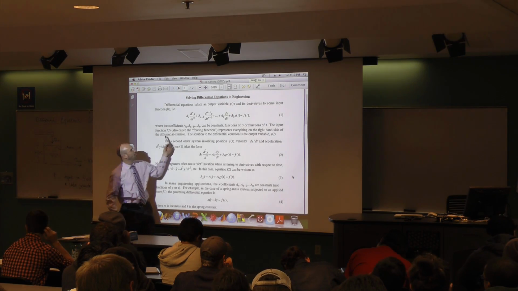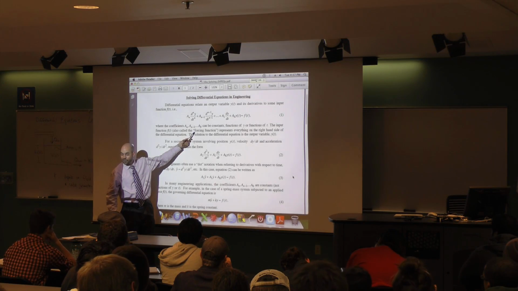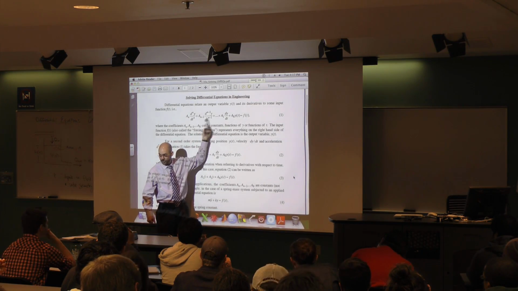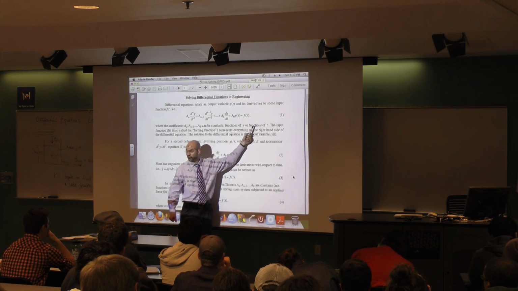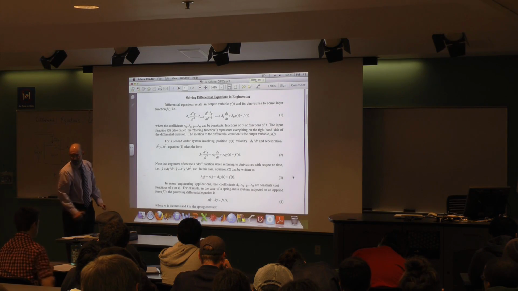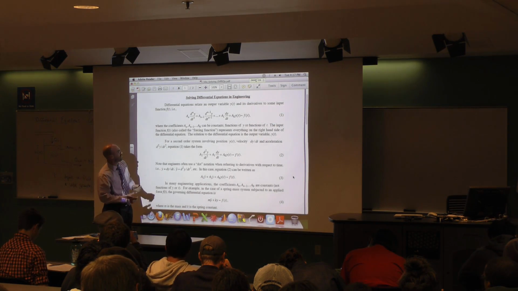In the most general sense, these letter A's can be constants, or they can be functions of y, in which case this is not linear now. Or they can be functions of time, in which case it just becomes more complicated to solve. And the f of t is called the forcing function.